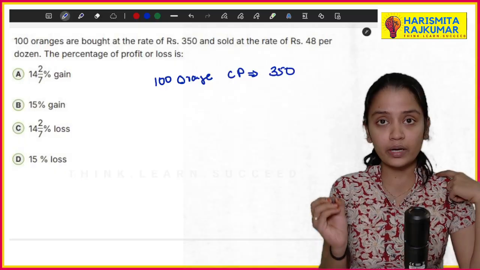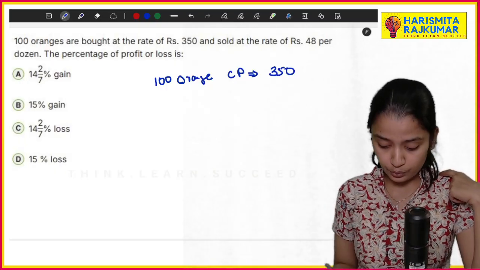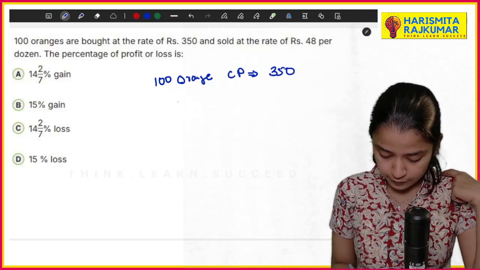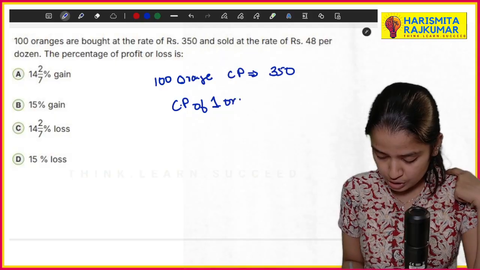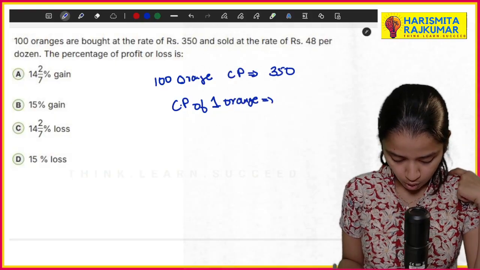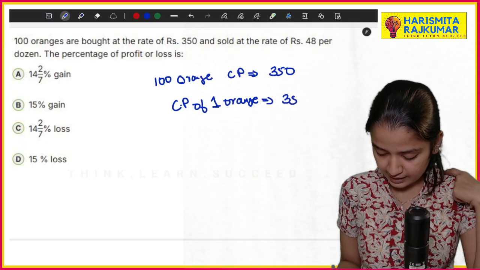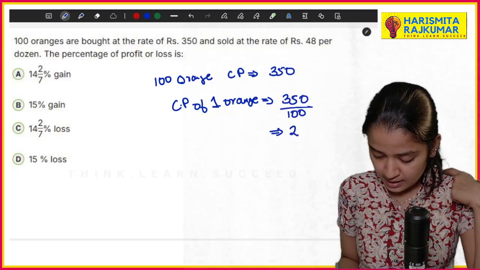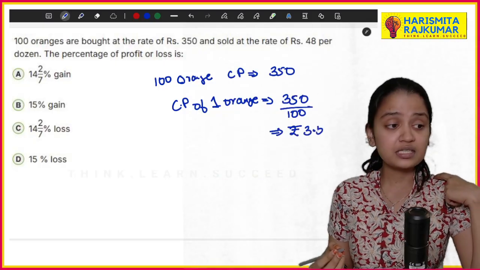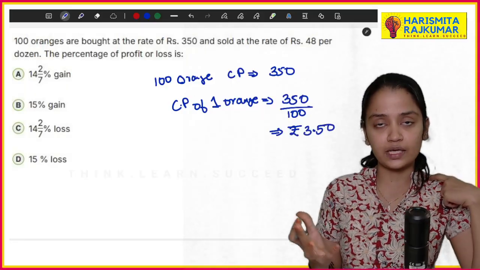Now what is the cost price of one orange? In order to find the cost price of one orange, it is 350 by 100, which is nothing but rupees 3.50, which is 3 rupees 50 paise.